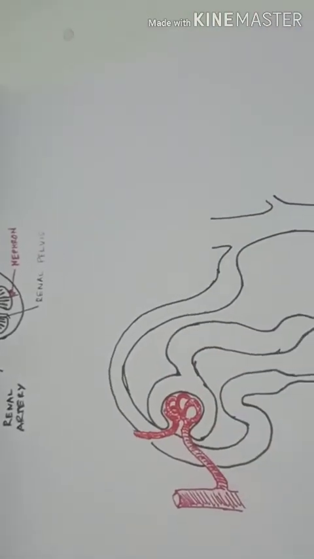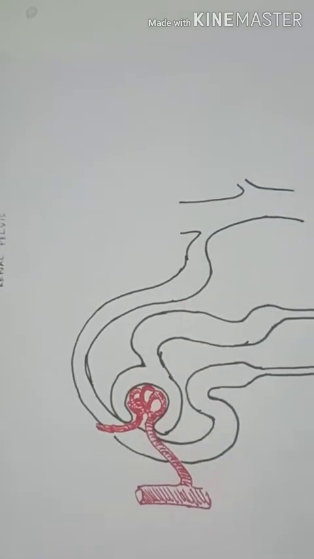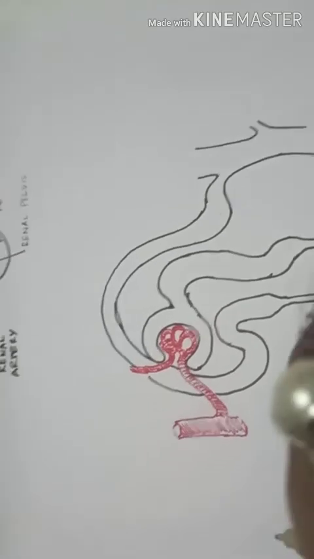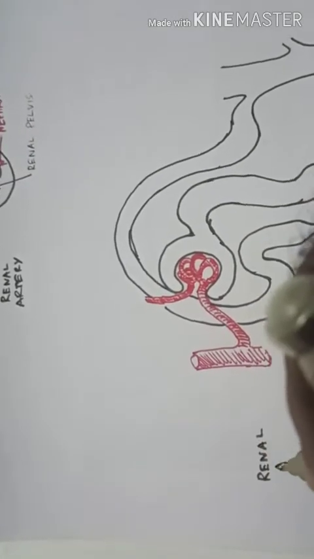Alright, so the structure will be named in this way. This is the arteriole. So this is the renal artery.